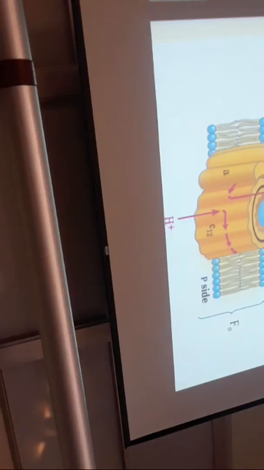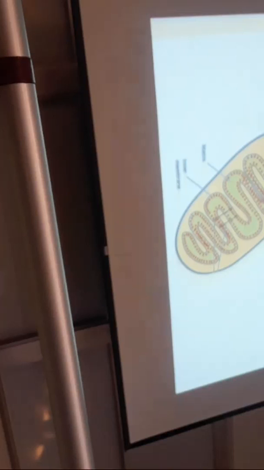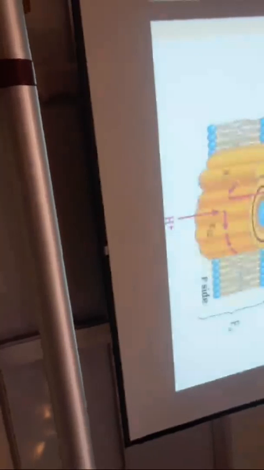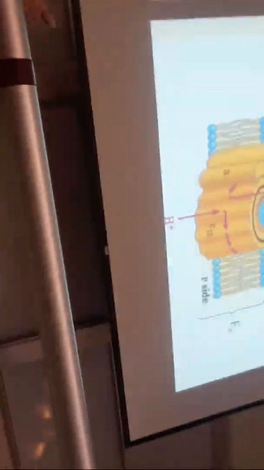It's so big that it can be visualized with an electron microscope, and we see that it has this lollipop structure, a knob and stalk structure, where the knobs extend into the mitochondrial matrix. Part of the protein, primarily the FO part, is embedded in the inner mitochondrial membrane. There are arms, subunits here, which then interact with the F1 part.